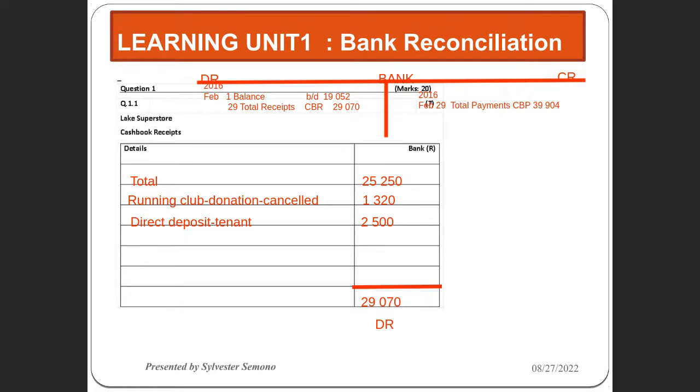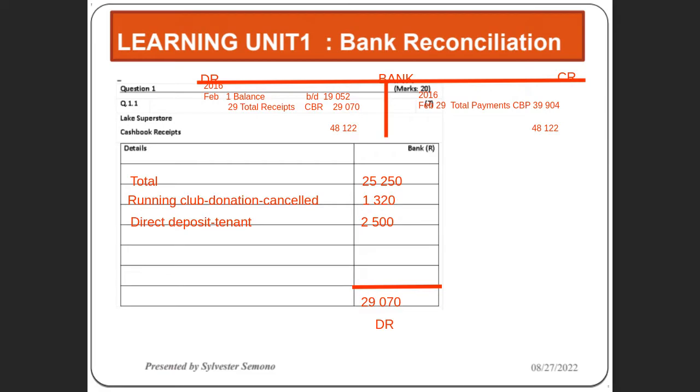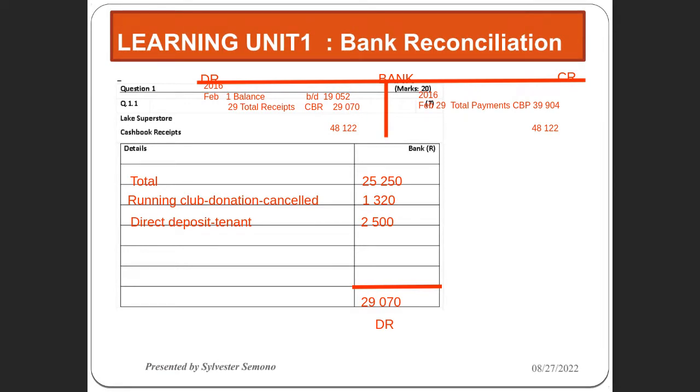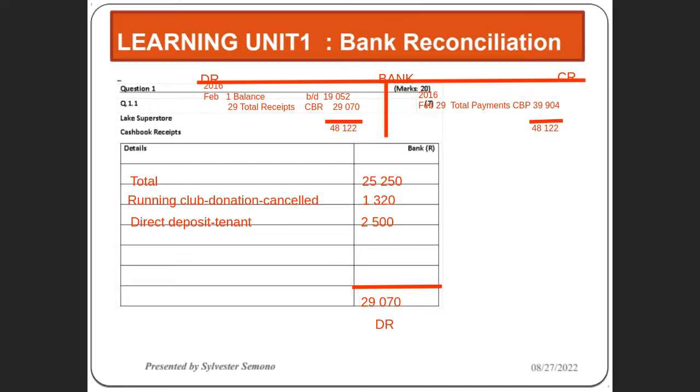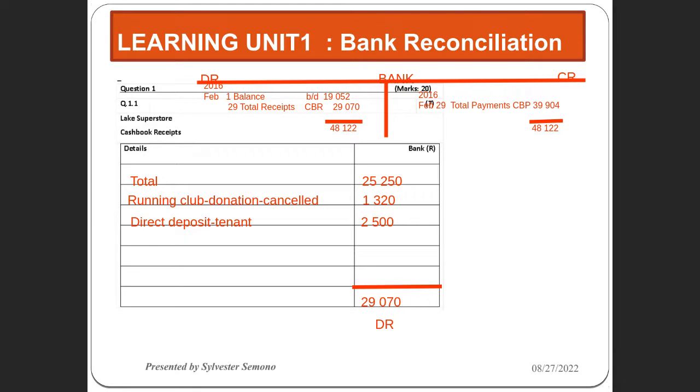You see now. So now we need the difference between the two sides. Remember, we just have to have two lines like this. What is the difference between the two sides? 8,218.